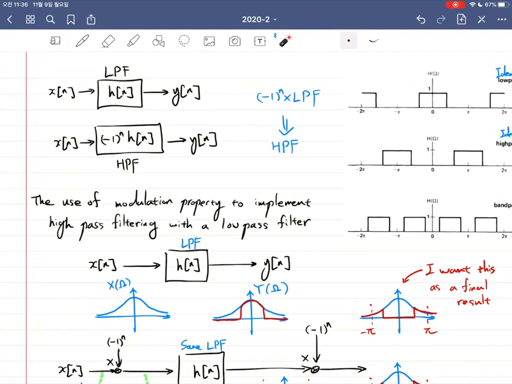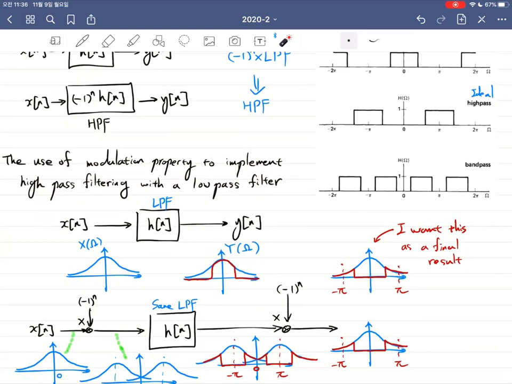We can use this example to implement a high-pass filtering effect with a low-pass filter. This was the last part that we did.